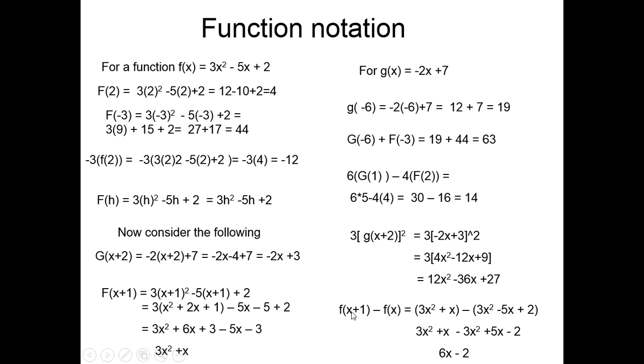Now over here, we're going to say, what is f of x plus 1 minus f of x? That is, f of x plus 1 is over here minus the original f of x function, which is stated up here at the beginning.